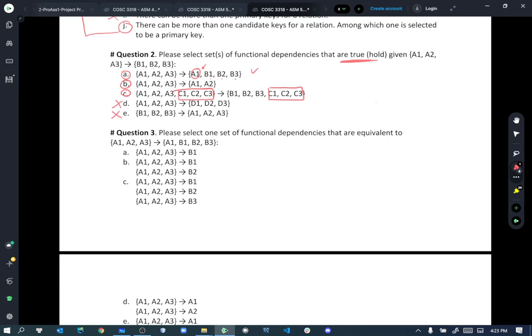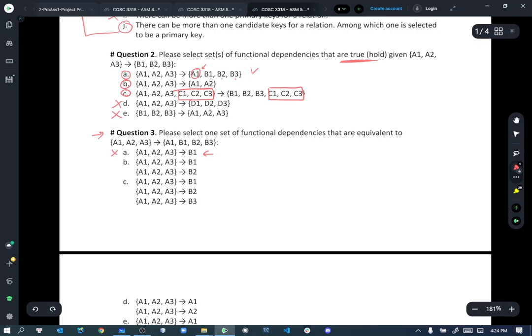Now, the third exercise over here, we'll see that. Please note that we select the set of functional dependencies that are equivalent. They are the same as saying the whole thing over here. Equivalent, okay? It's not just true, it's not just holds, but it has to be equivalent. So for this one, it's true, but it's not equivalent.